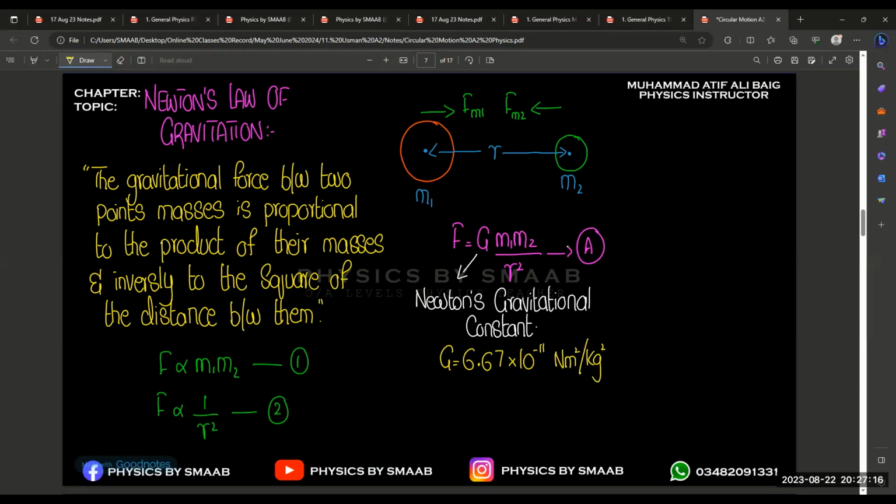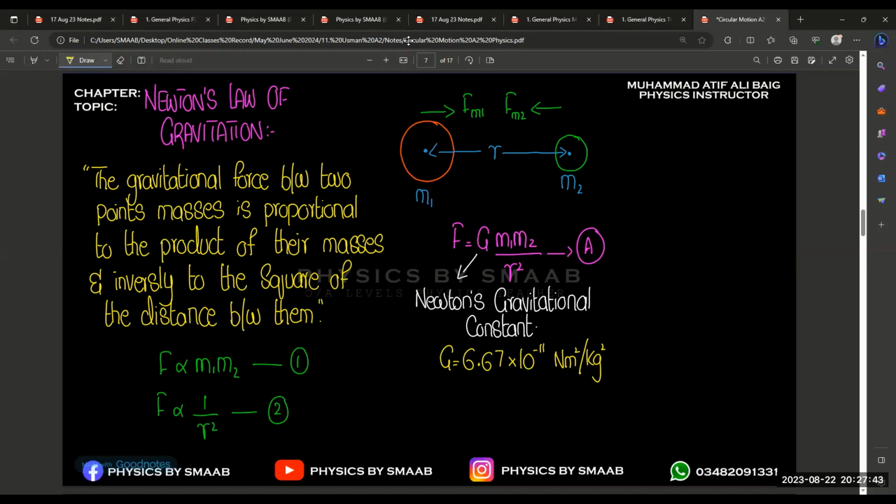Inverse square law in this sense, if we take masses, because mass is a constant value, right? It will remain the same. So mass of the body remains constant. For both bodies, the mass of both bodies will remain the same. Only the value of r may change over there.